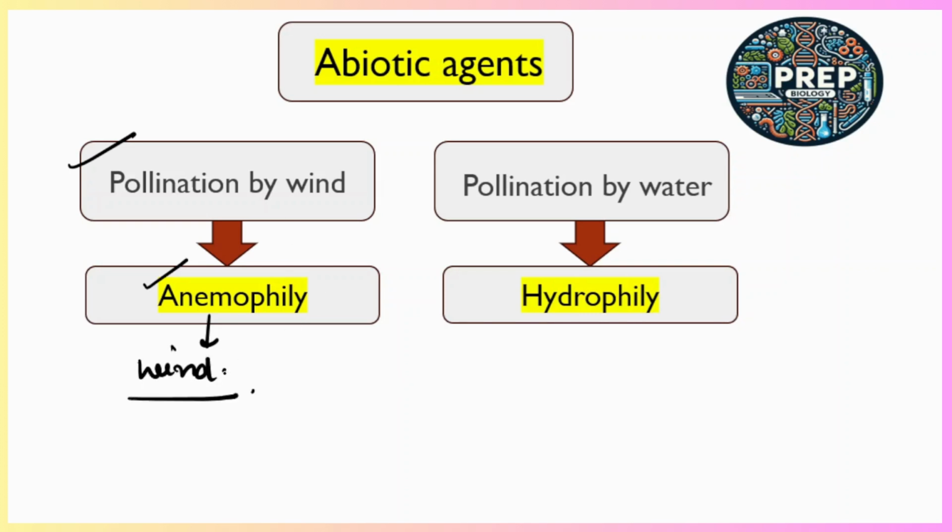Now, if the transfer of the pollens from anther to the stigma occurs with the help of water, then it is called hydrophily. Hydro means water. So these two terms are very important: what do you mean by anemophily and what do you mean by hydrophily?